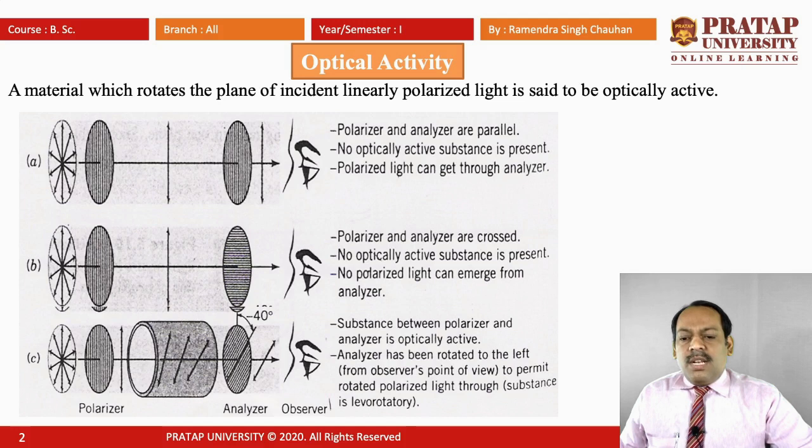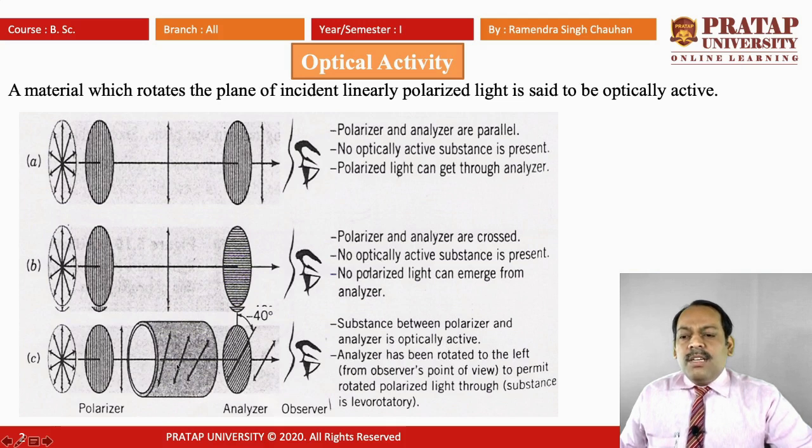So why did this all happen, and what accounts for this? When these were in cross position and no light was coming, and we put an optically active substance in between the polarizer and analyzer, then some light is seen by the eyes. That is due to optical activity. And what is optical activity?